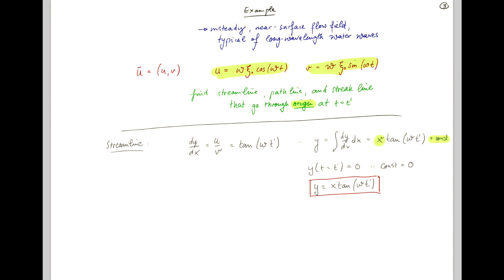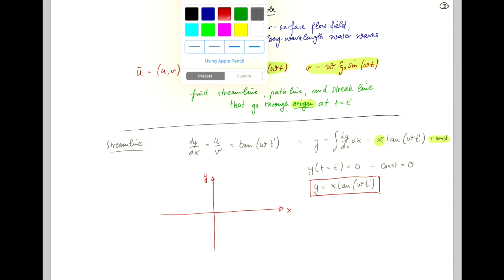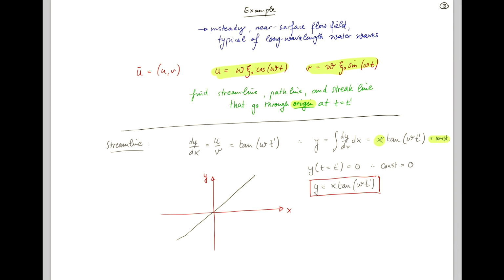So we can draw this. It's linear with x, and we can find the angle theta here by considering dy over dx, which is tan theta, and comparing this with our equation, we realize theta is omega t dash. So we have found our equation for the streamline and also illustrated the streamline here.